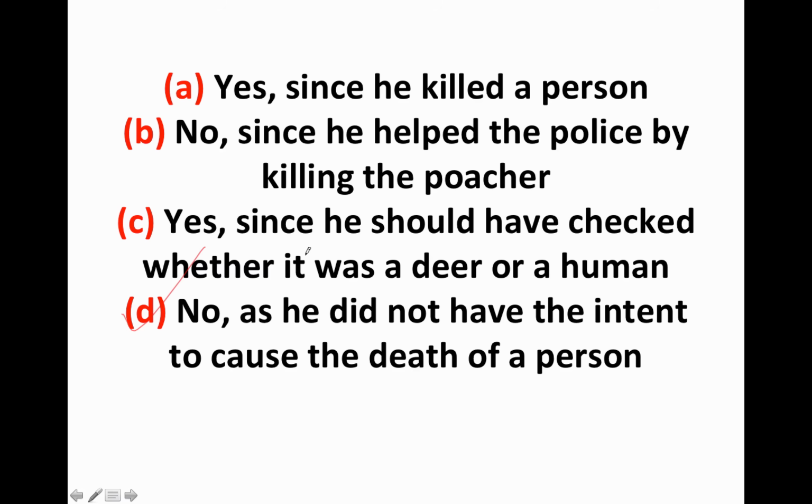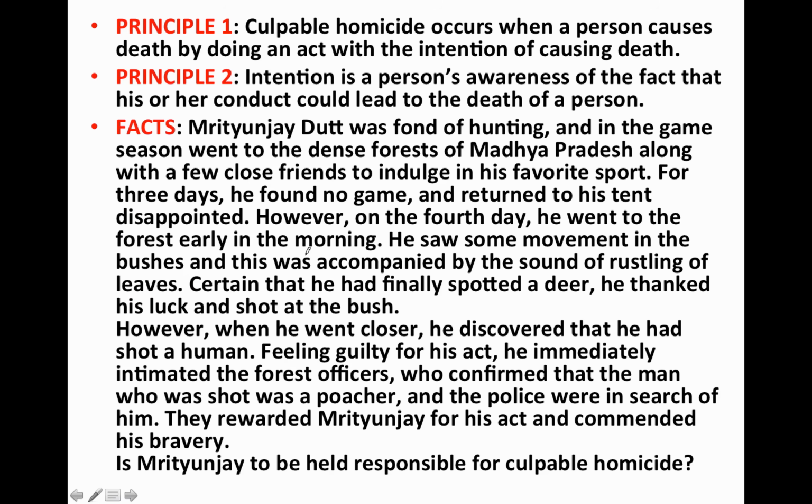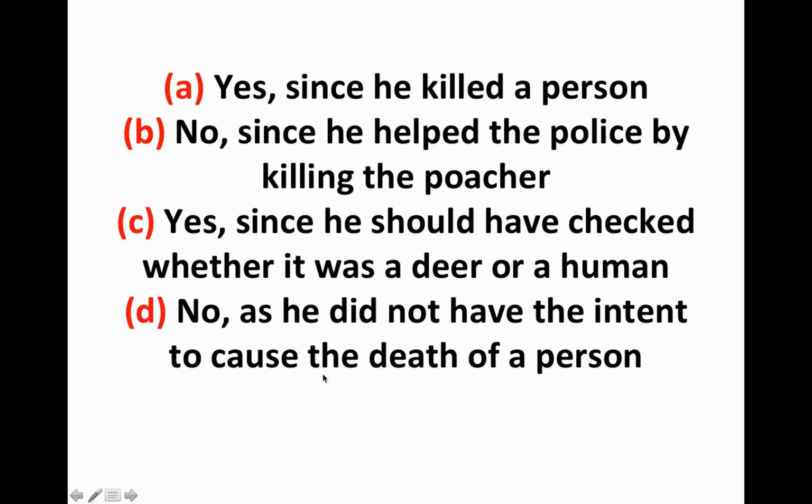So you can say that since he did not have the intent, our second principle here is not satisfied. Okay, intention was not there, so it was not culpable homicide. For culpable homicide to occur, there should be intention. Since there was no intention, this is not a culpable homicide, and answer D is correct.